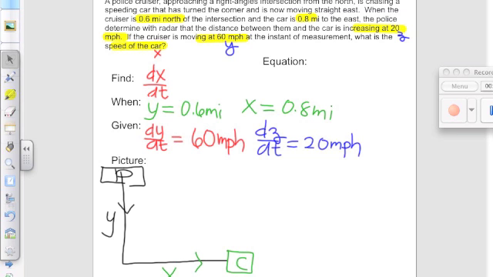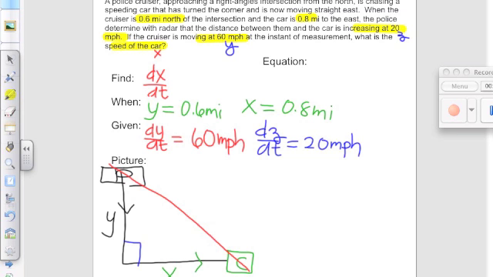The distance between the police car and the guy getting chased is whatever this distance is. With that, what shape do I create? A triangle. So once again, we're going to do more triangle work. And if this is an intersection, what kind of angle is this? It's a right angle.